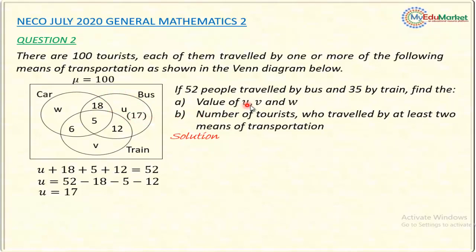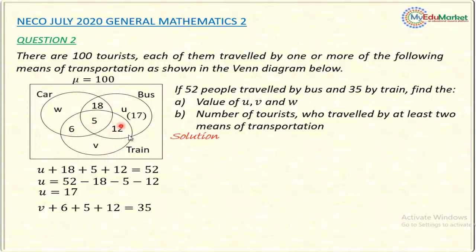So let me move on. Still in the question, it says 35 traveled by train, which means this circle for train, if I add everything inside this very circle, it must give me 35. So I can use that to get this V. Let me do that. So I have V plus 6 plus 5 plus 12.